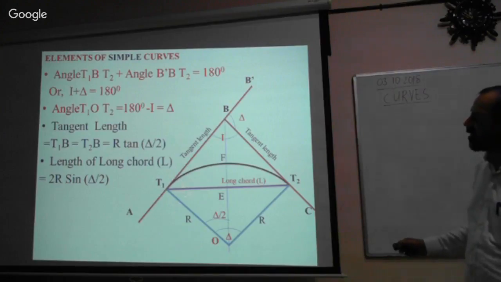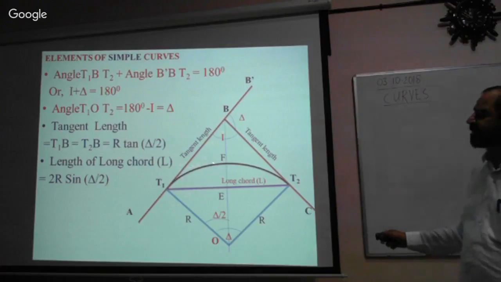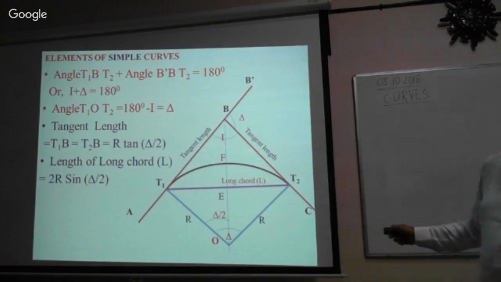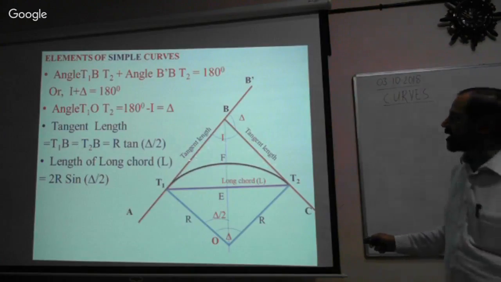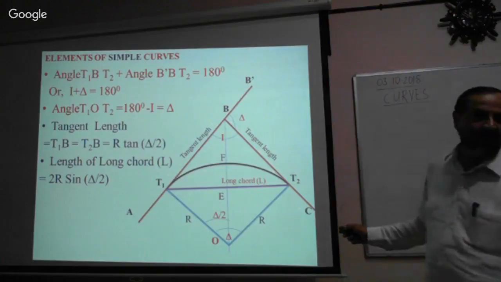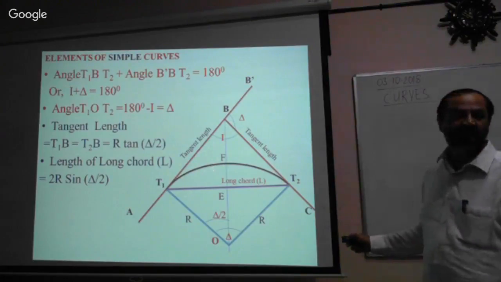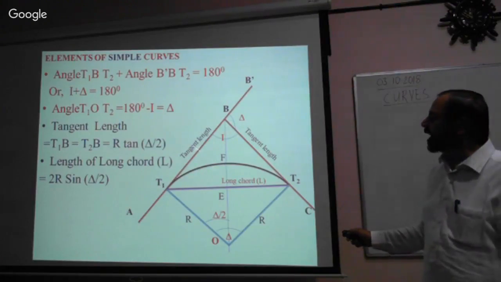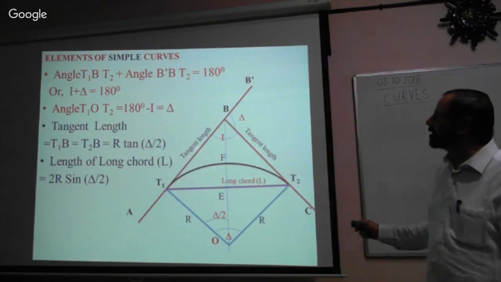Therefore T1B, the length of the first tangent, and the second tangent, that is the forward tangent and the rear tangent, the length will remain the same in both, because it is a simple curve, the tangent length is the same.